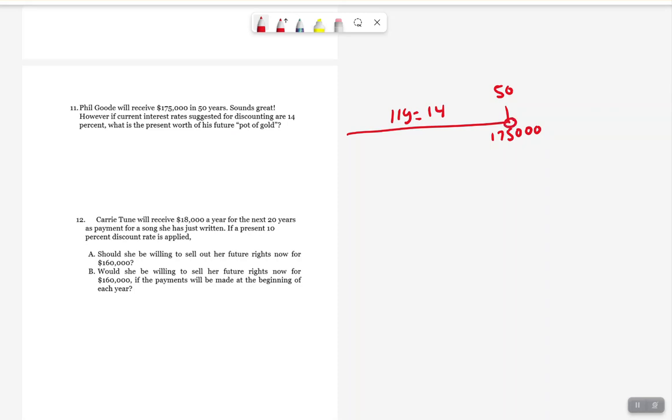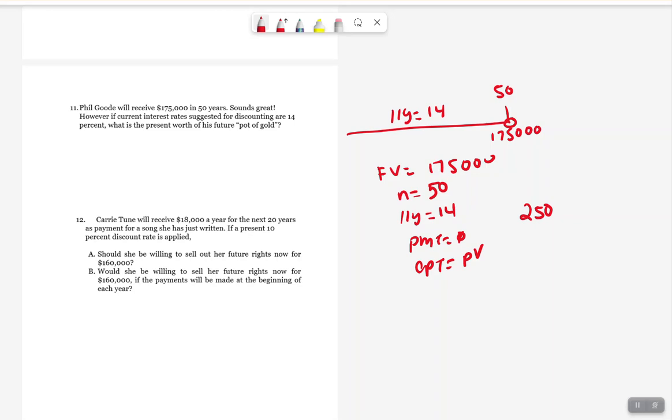In this case, we want to know how much it is worth today. So let's look at the calculator. We have a future value of 175,000, your N is 50, your I/Y is 14, and your payment is 0. We're going to compute your present value.